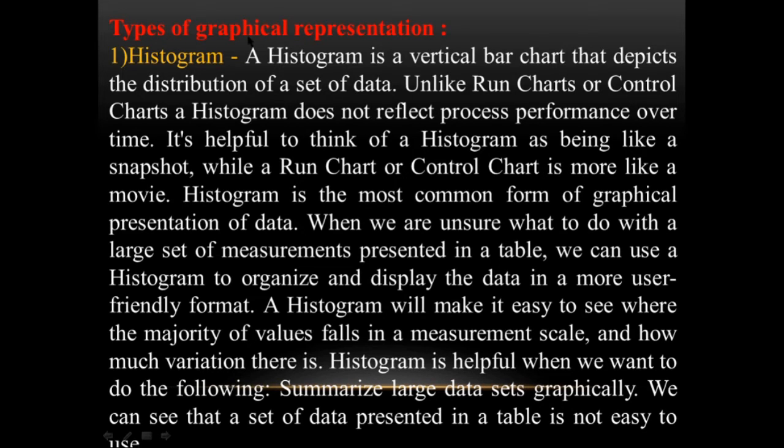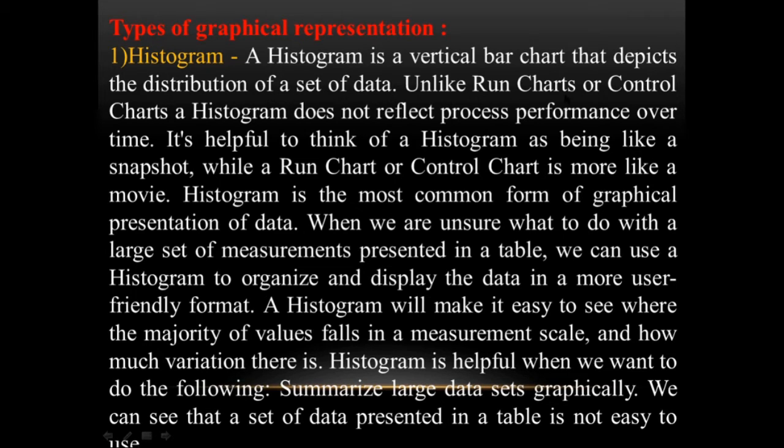Types of graphical presentation. Students, in graphical presentation, there are four types. Now we do the first, that means histogram. A histogram is a vertical bar chart that depicts the distribution of a set of data.